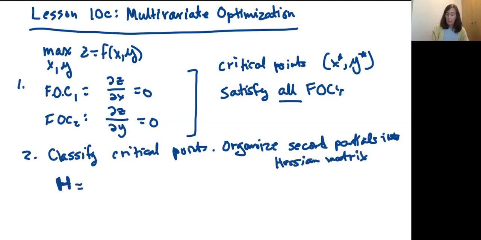And this is what it looks like for the problem we're working on here. So here in the 1, 1 position of my Hessian matrix, I'm going to put the second partial derivative with respect to x both times. And over here in the bottom right corner, I'm going to put the other direct second partial. Second derivative with respect to x both times, second derivative with respect to y both times, and on the off diagonals, I have the cross partials.